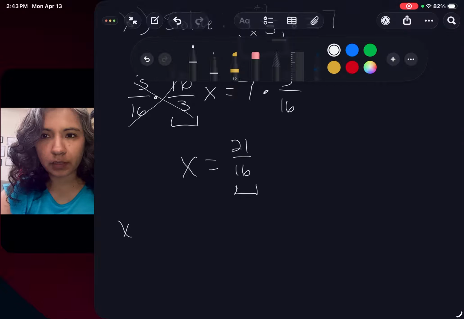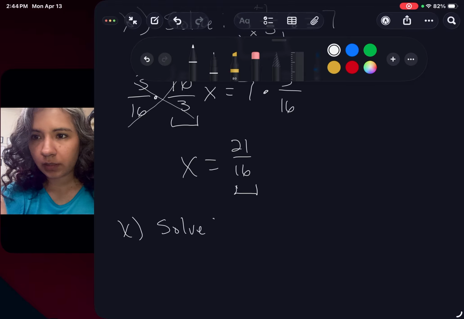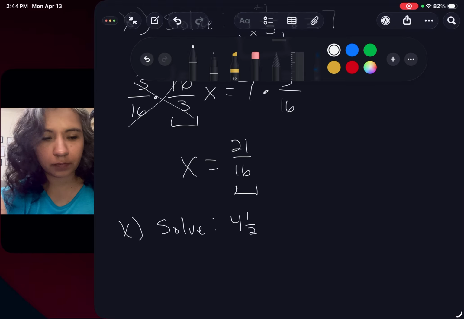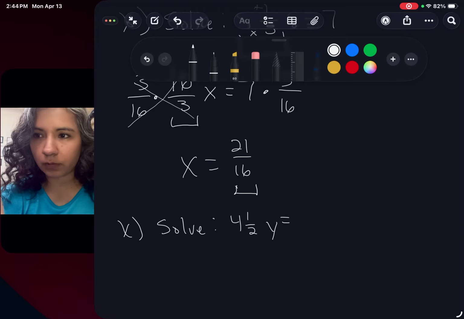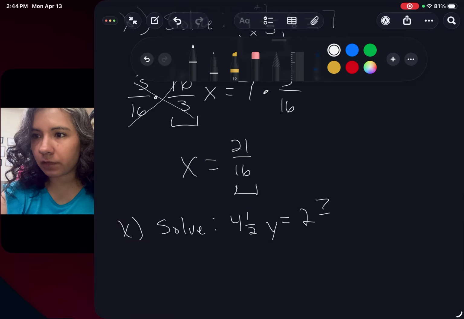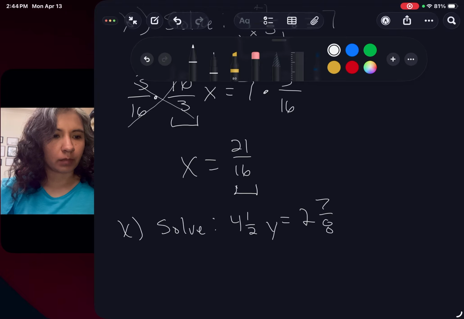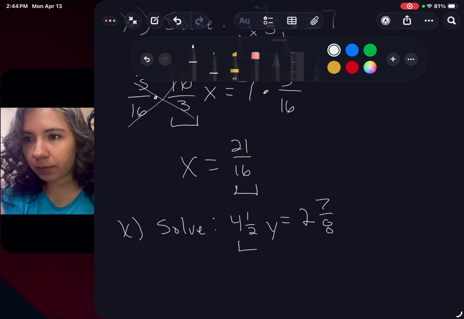So let's do another example. Solve 4.5 y equals 2 7/8. On this one, we want to get both numbers as improper fractions, right?